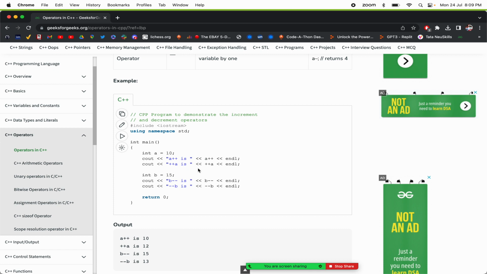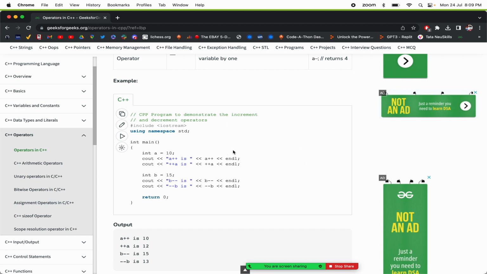Now when we try to print plus plus a, this is called prefix increment. So a's value is already 11. What prefix increment will do is first increment the value of a and then return it. In postfix increment, first it was returning the value of a and then incrementing it, but in plus plus a it is first incrementing the value and then returning it.